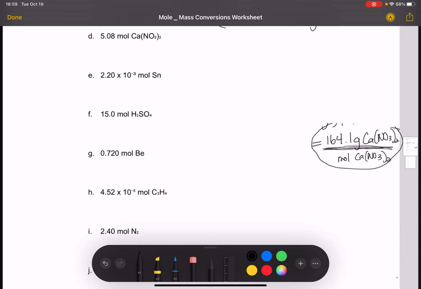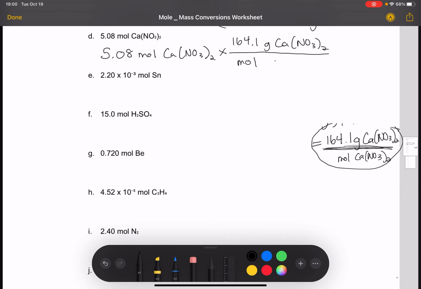So let's take what we're given. We are told that we have 5.08 moles of calcium nitrate. Then we're going to multiply that by our conversion factor, which is 164.1 grams of calcium nitrate per mole of calcium nitrate.